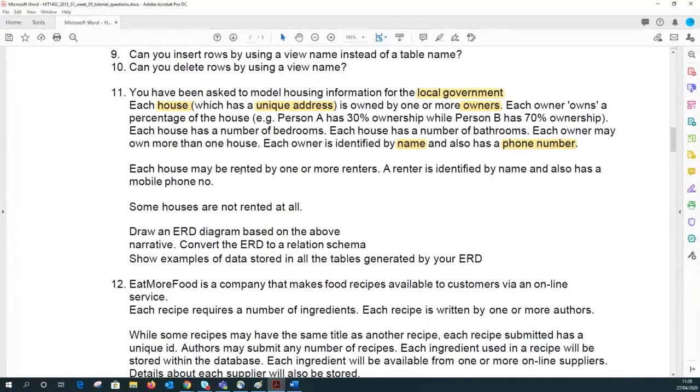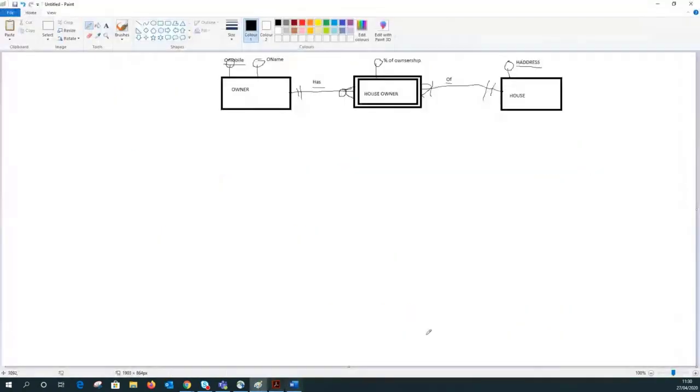So they're talking about the renters. Do we need to capture that information? Yes, it looks like another entity. What kind of entity is that? Is it a strong entity or a weak entity? They have identified two attributes here: the name of the renter and the mobile phone of the renter. So it looks like another strong entity. We can create that strong entity somewhere here.